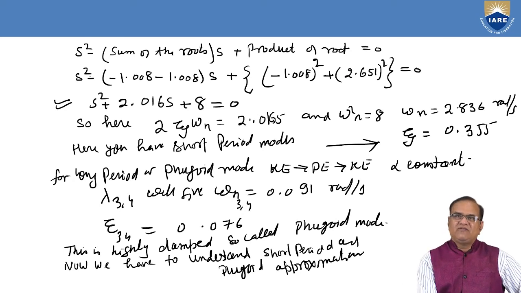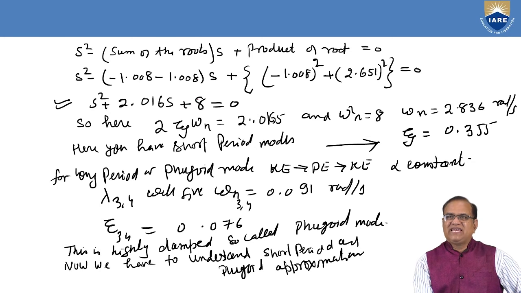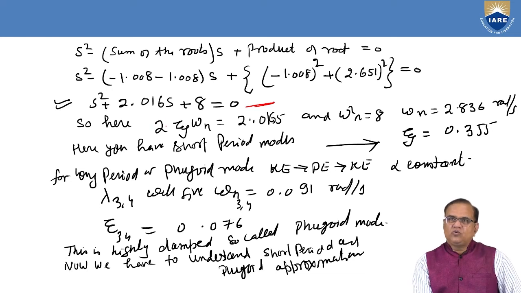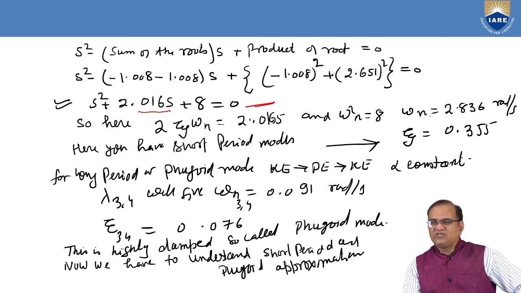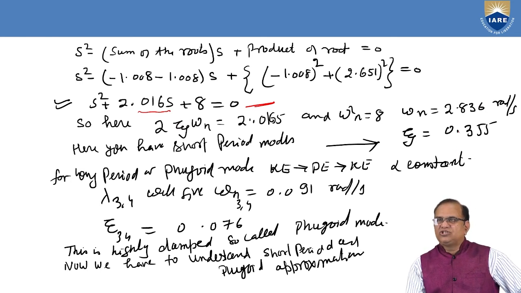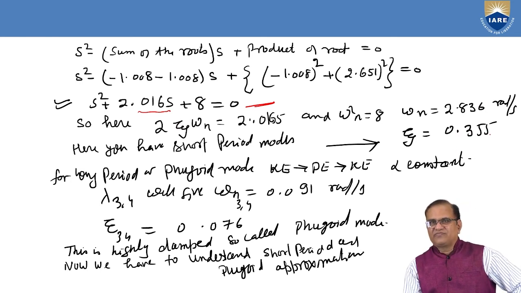So we get s square plus 2.0165 s plus 8 is equal to 0. We got this equation. Now if we compare, 2 zeta omega n is equal to 2.0165 and omega n square is equal to 8. So omega n is equal to 2.828 radian per second, and if I put this value here, I will get zeta is equal to 0.355.